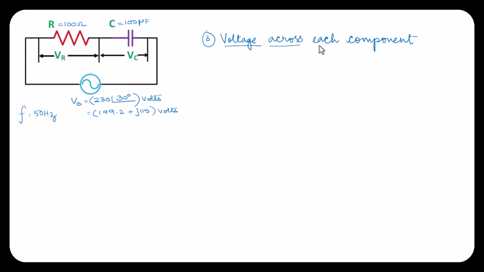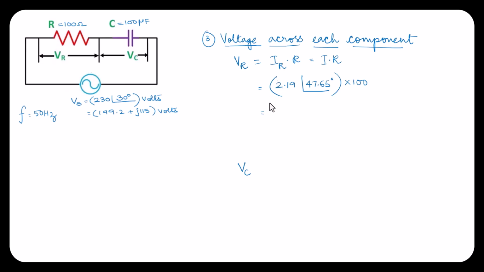We have a resistor and a capacitor connected in series, so we have to find out VR and VC. VR is given by IR into R, but IR is equal to I, so I into R. I is equal to 2.19 at an angle of 47.65 degrees, into the resistance value 100.